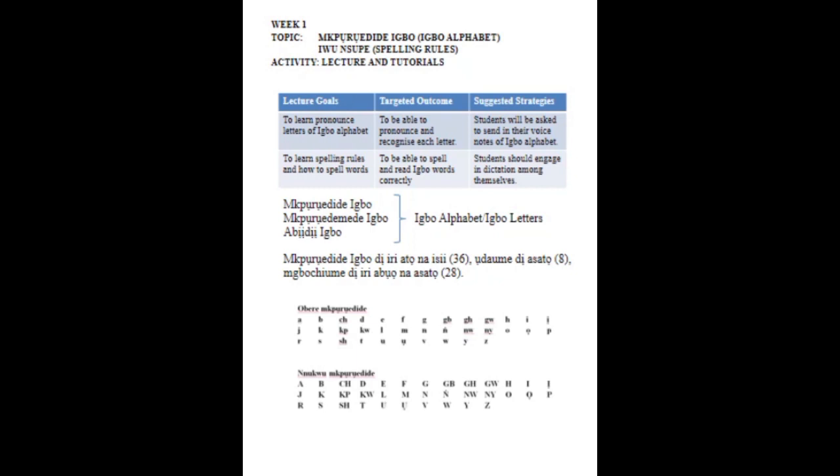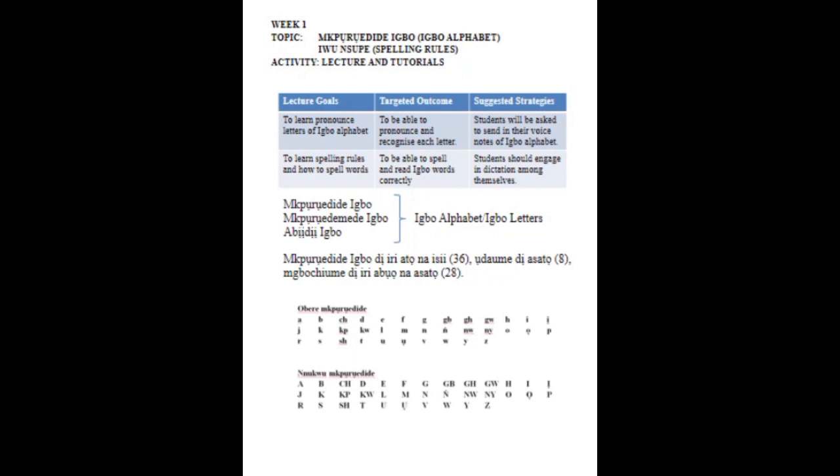After the first table on this slide, you will see three phrases: Mkpụrụ edide Igbo, mkpụrụ edemede Igbo, ABD Igbo. They all mean the same thing. They refer to the Igbo alphabet or Igbo letters. I want you to pronounce them after me. Mkpụrụ edide Igbo. Good job. Mkpụrụ edemede Igbo.